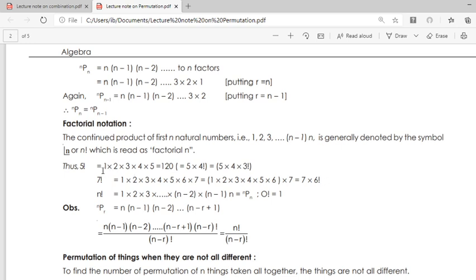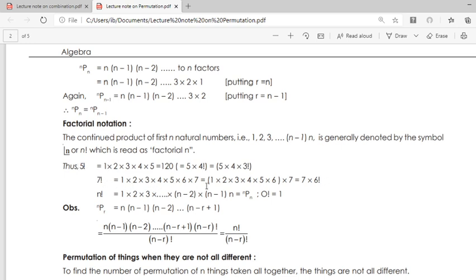But here in the textbook I'm using, we are starting from 1. Don't let that confuse you. You can either start from 1 or you can start from the number. When you talk about factorial, it's just a product of natural numbers starting from the first one. Look at 7 factorial.